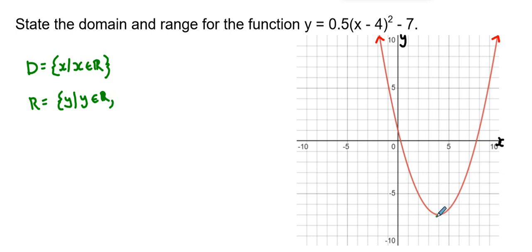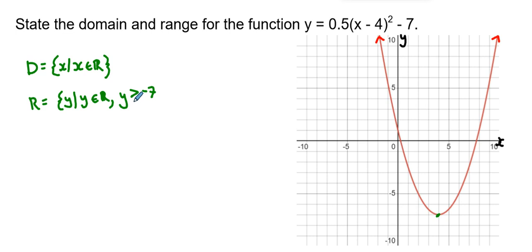We notice here that we have a minimum value because this parabola opens upwards. So the minimum value I can have is the -7. And so we can say that y has to be greater than -7, and it actually can be equal to -7. It can be equal to -7 when x is 4. This first term goes away and we're left with -7.